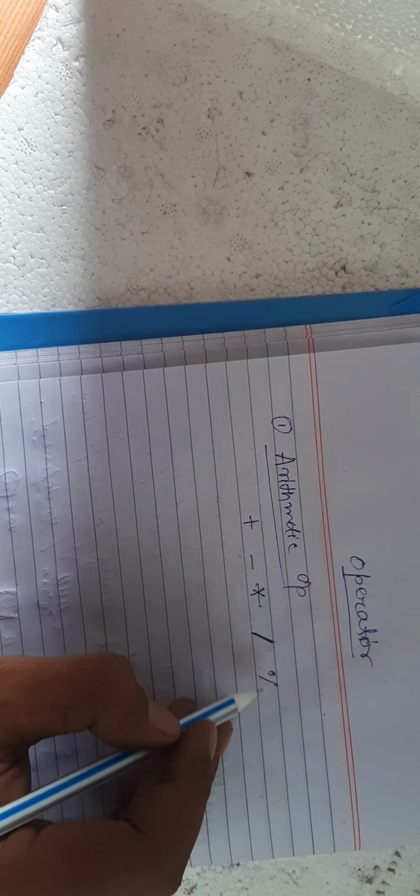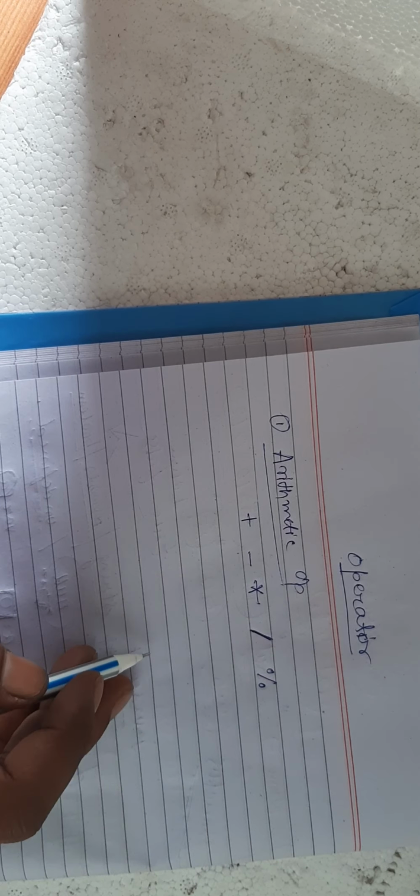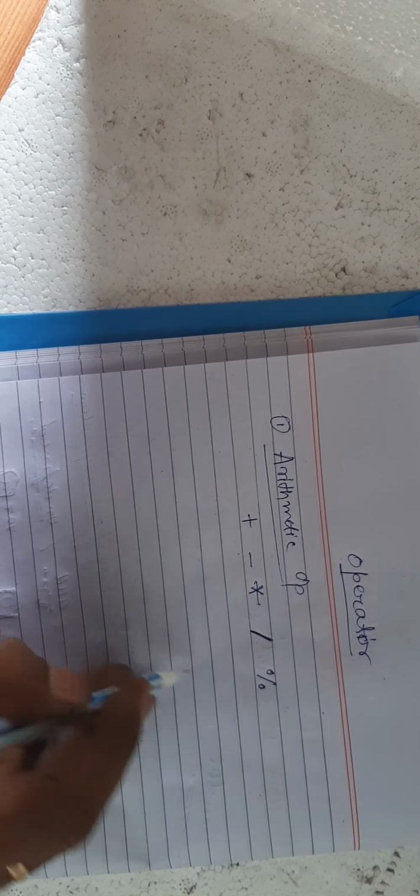First is plus, then minus, then multiply, for which we use the asterisk symbol, then division or slash, then one special operator is there, the percentage operator. This is called the modulus operator or remainder operator, and these are the other normal arithmetic operators.